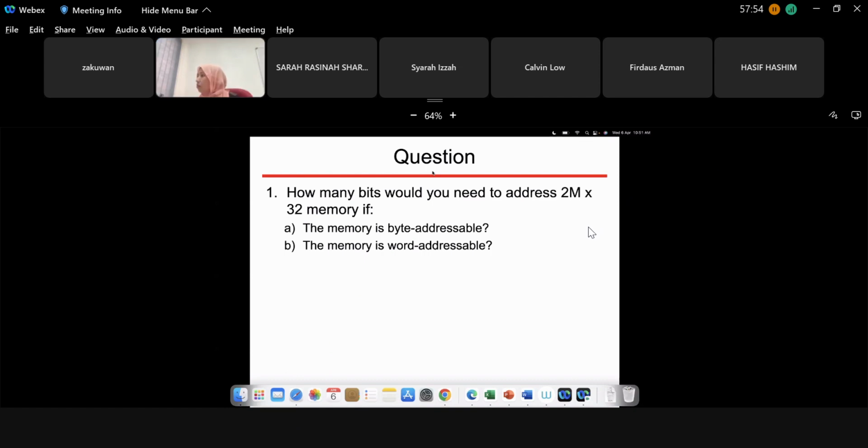Is the answer 2 to the power of 23 bits? 2 to the power of 23, yes, for the A. So 23 here are bits that are needed for an address. Okay, very good.